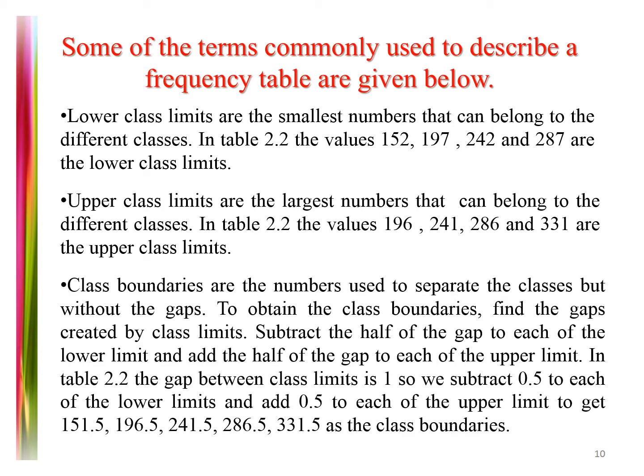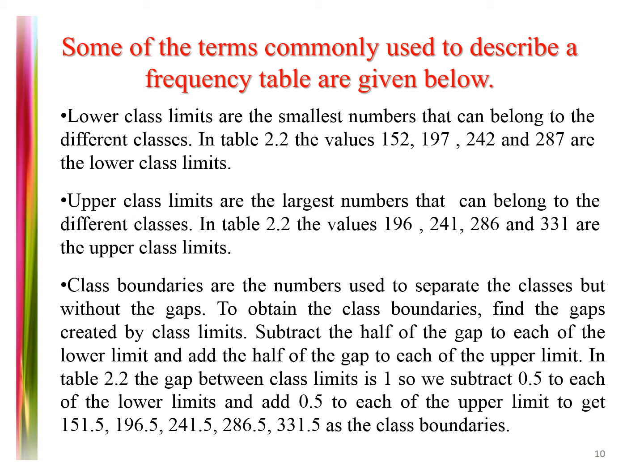And also the class boundaries calculation. First consider any two consecutive classes, the upper limit of one and the lower limit of the next, and calculate the difference between them. Then divide it by 2, subtract half of the gap from each lower limit and add half of the gap to each upper limit.